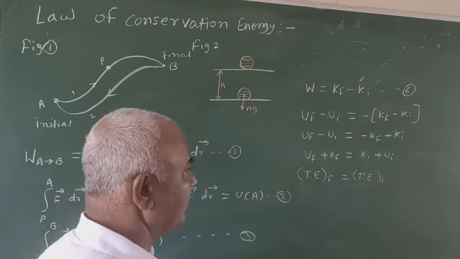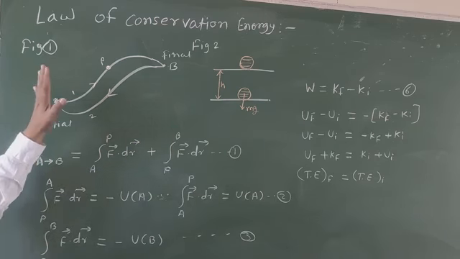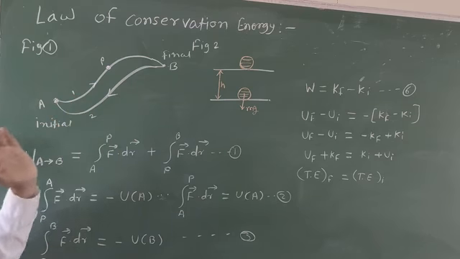That means from this equation, total energy at the final stage and total energy at the initial stage are always equal. That means total energy is always conserved. This is the conservation law of energy.